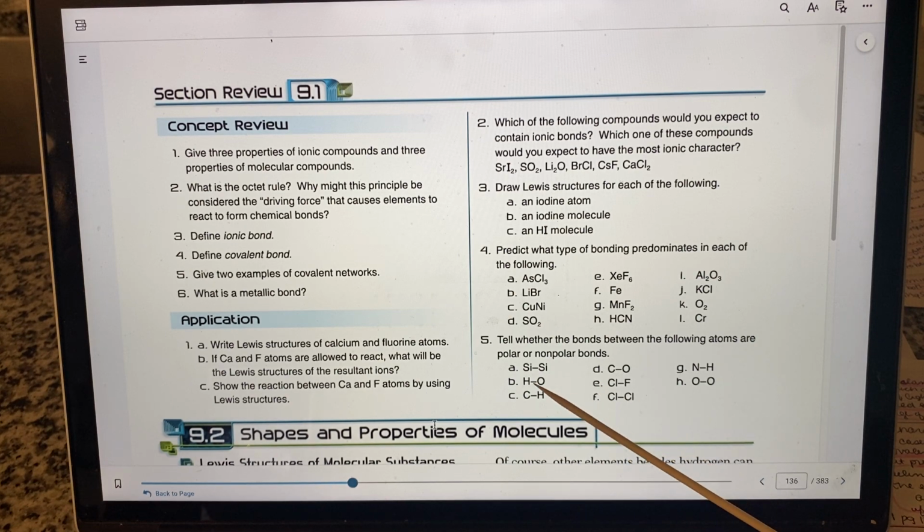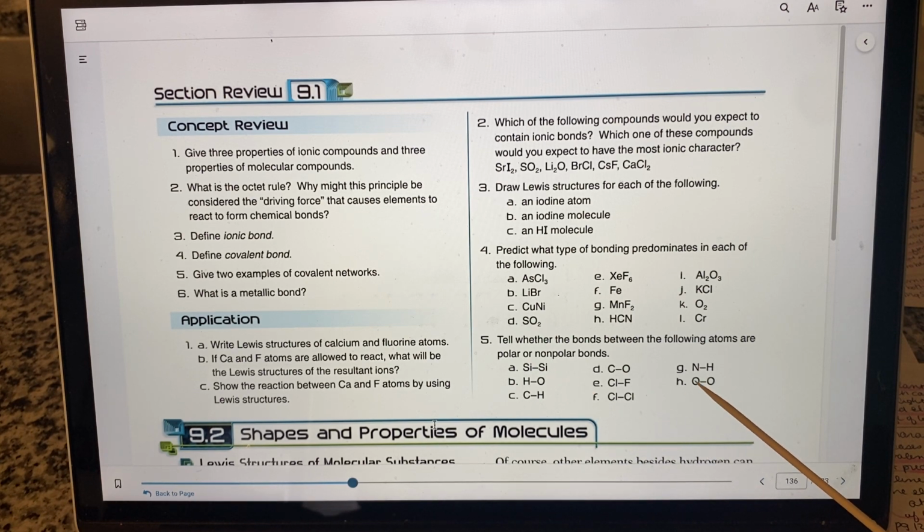So if you look at Si and Si, that one is going to be non-polar, because they're the same, they're equal, they're not going to have positive and negative poles. Oxygen, there's another one there, and chlorine here, those that have the same atoms are definitely equal, so they're going to be non-polar.